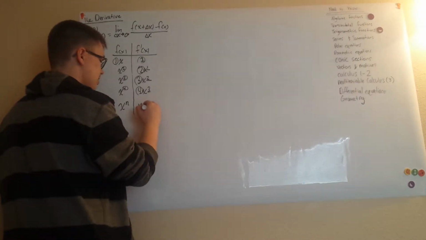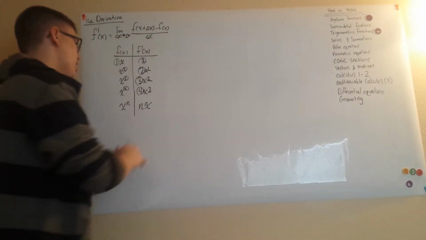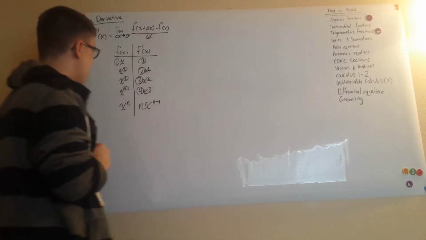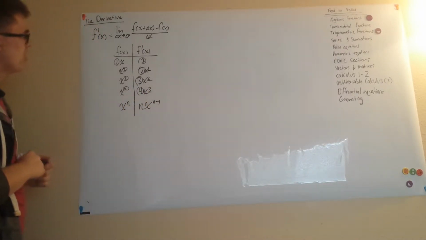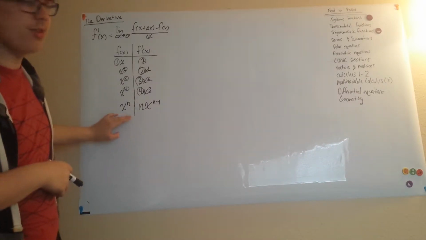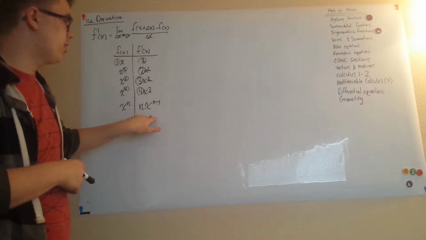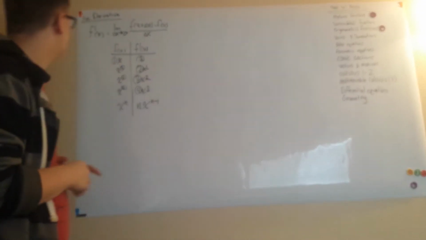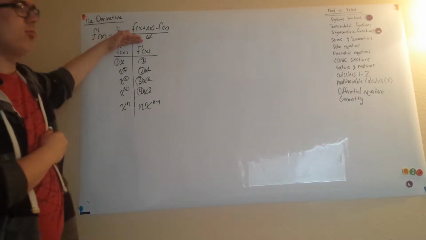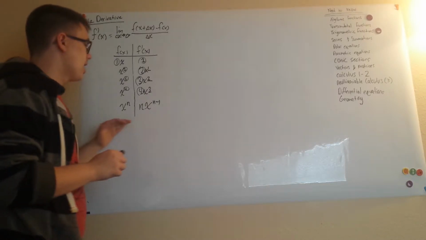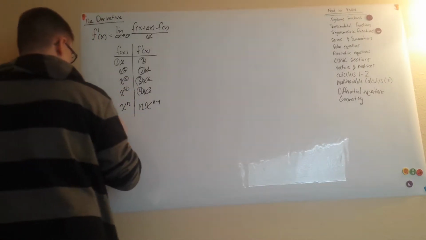So if this number is 1 less than that number, therefore if f of x is just x to any nth power, then the derivative is nx to the n minus 1. I just saw a pattern, so I don't have to do this anymore. And this is called the simple power rule. I'll put it up here.